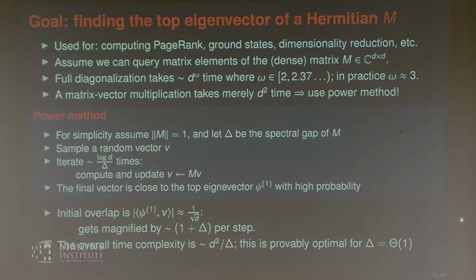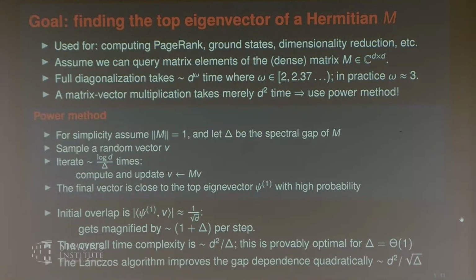And therefore, the overall complexity of this algorithm is d squared over delta, because we just do matrix vector multiplications roughly 1 over delta times. And this is actually provably optimal when the gap is large. And there are some small variants that improve further the gap dependence quadratically, like the Lanczos algorithm, but still it's something like d squared over square root delta. And if the gap is small, it doesn't really matter much.